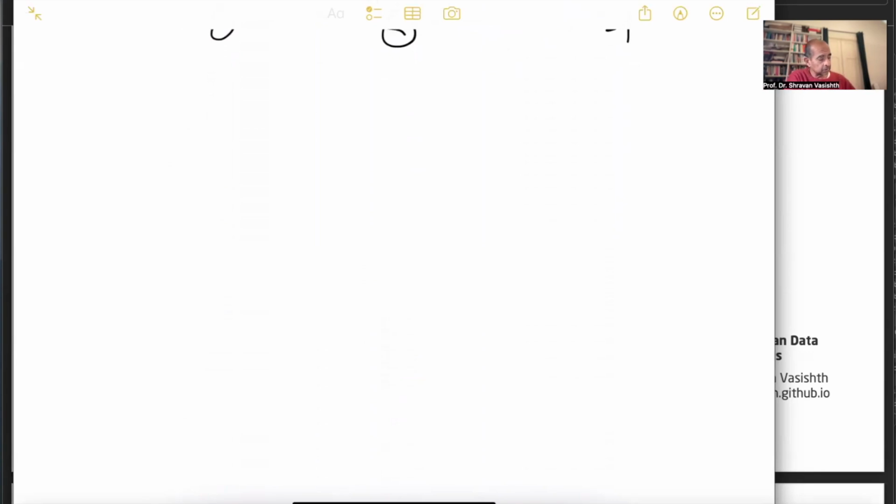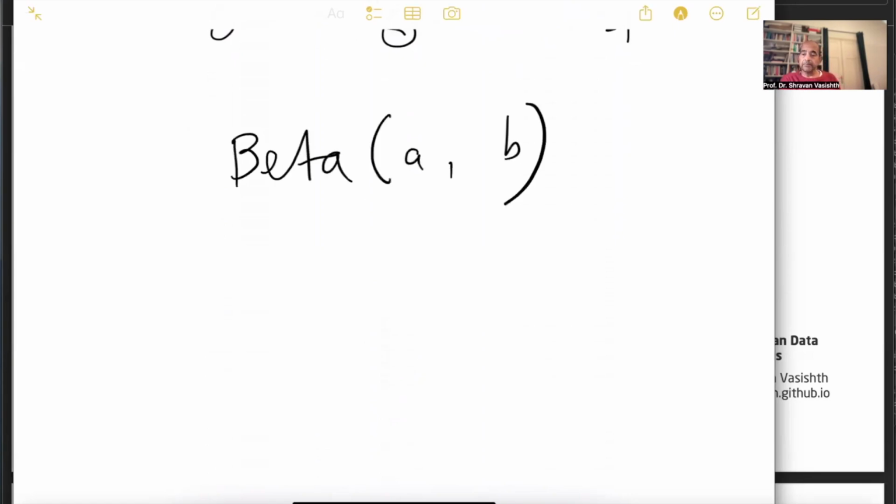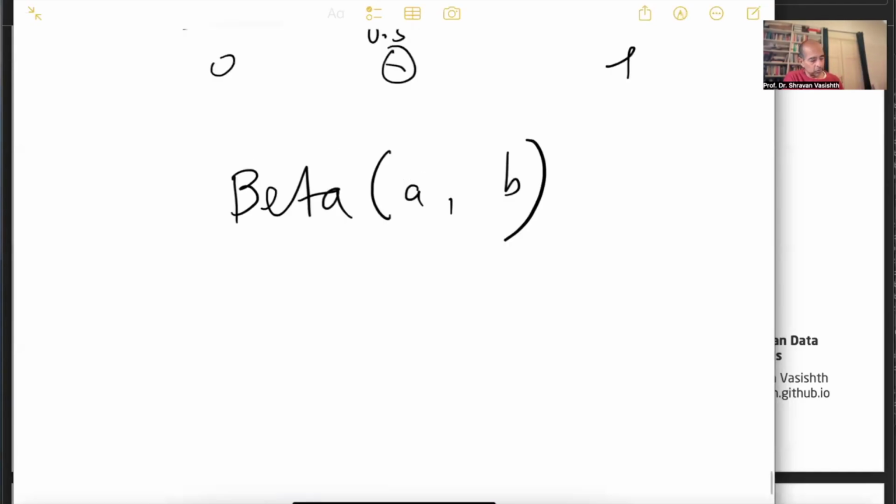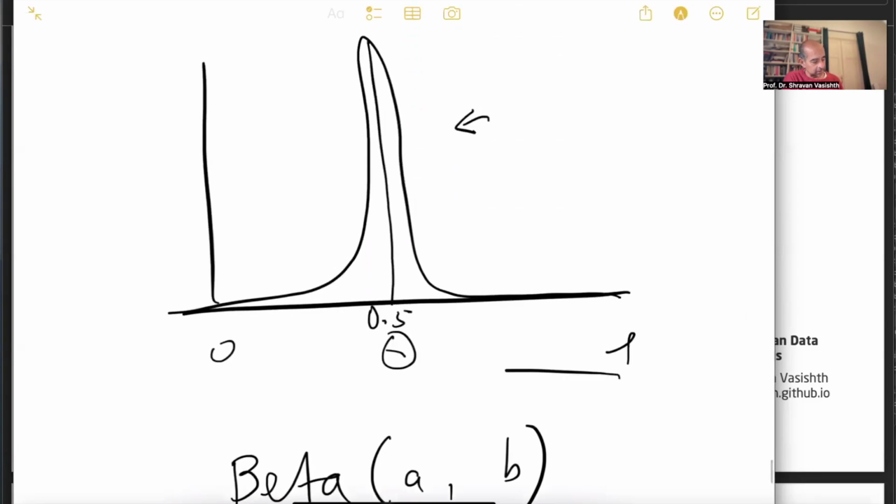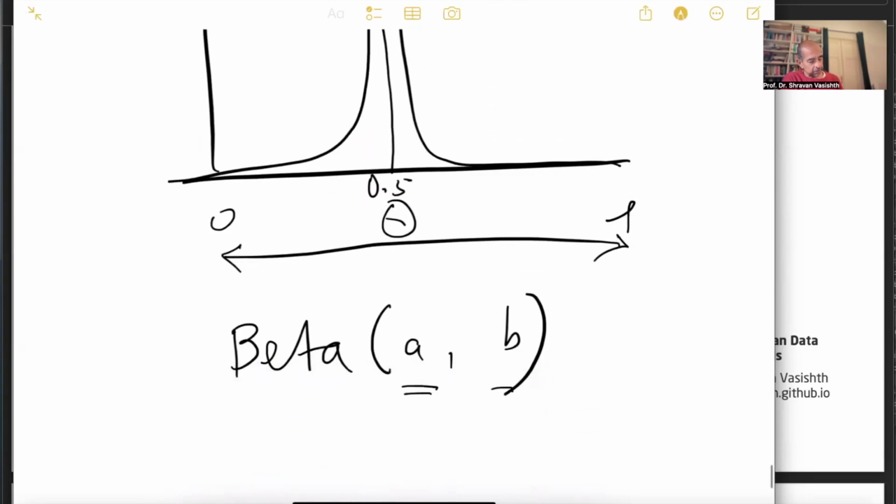Well, it turns out that there's a distribution in statistics called the beta distribution, which takes two parameters, A and B, and the beta distribution creates a shape that has the properties that we want it to have. The support of the beta distribution is between 0 and 1. And these parameters A and B are going to ensure that the shape of the beta distribution is what we want it to be.